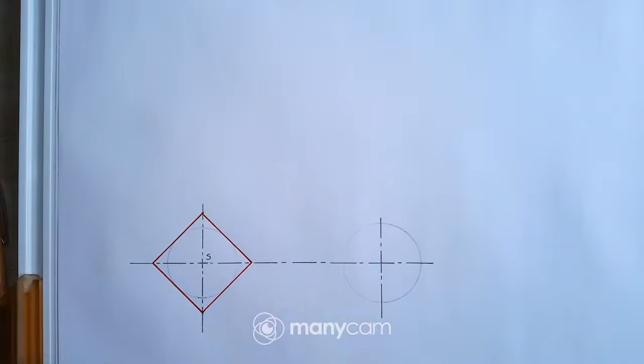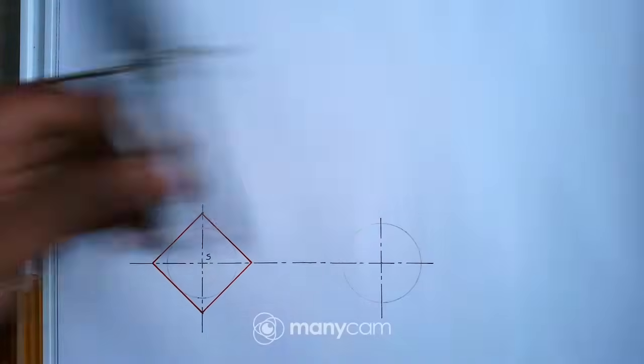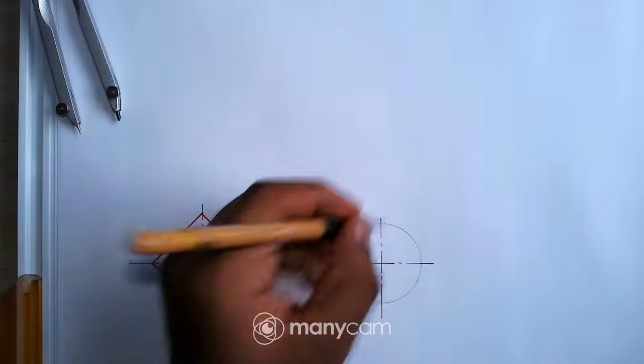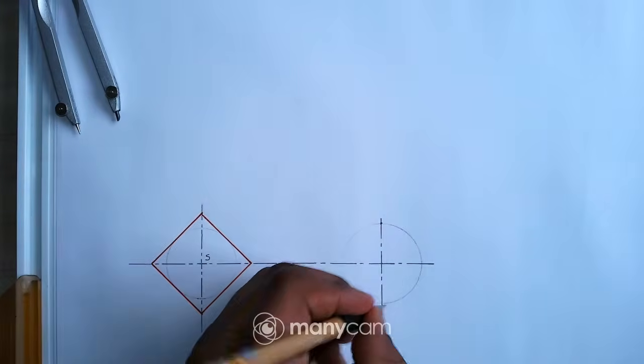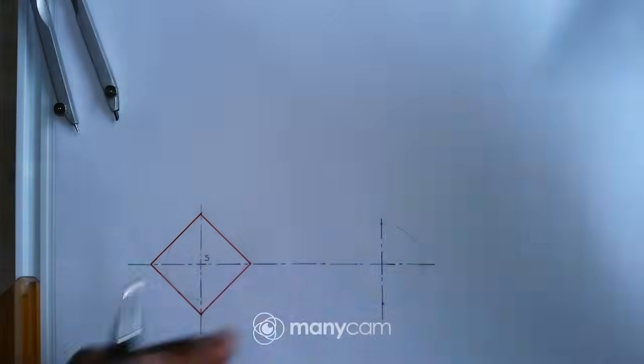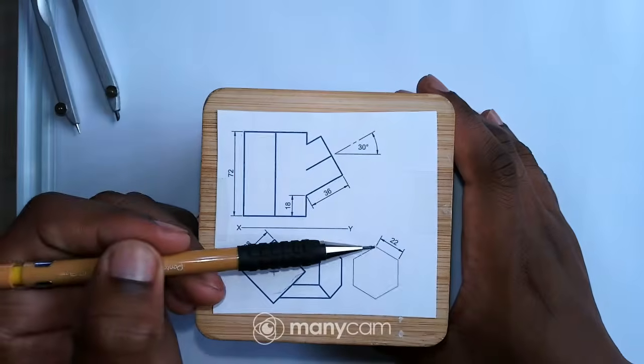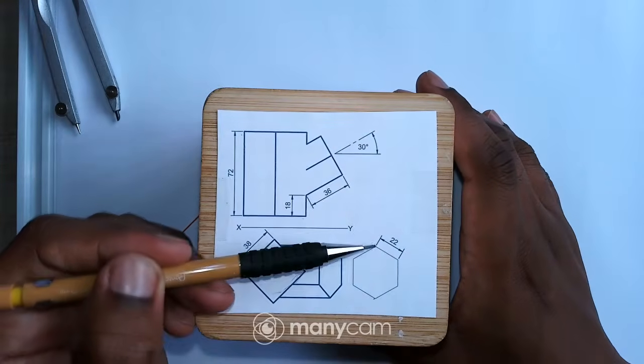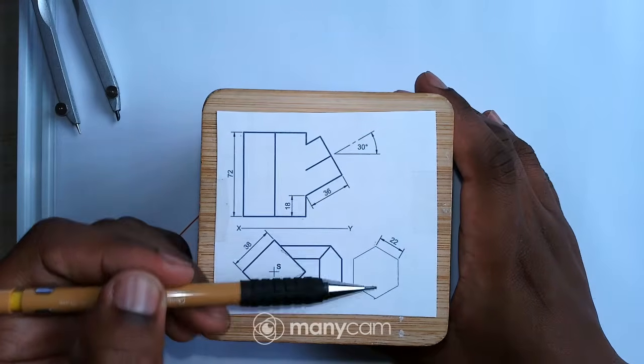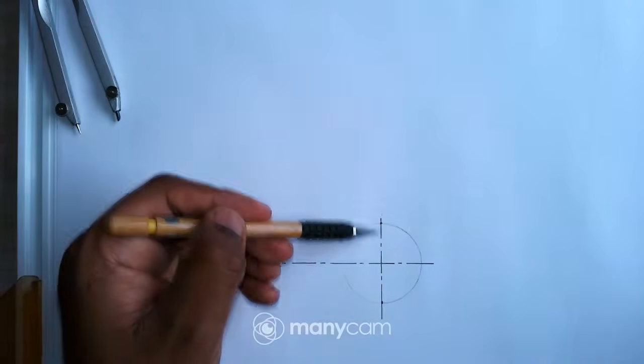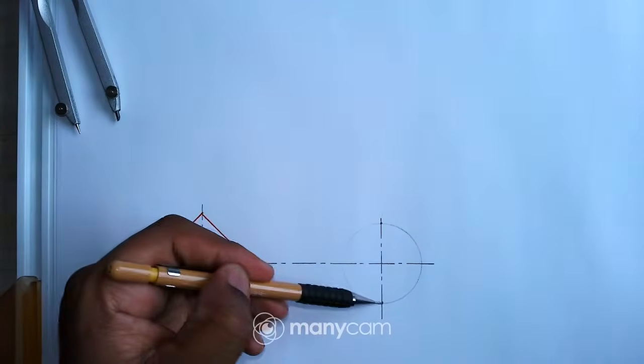So this is the circle. Now I'll put my compass on this point up there and here. Why? Because if you check, I have a point there and a point there. So obviously these 2 points, they are on the center line, right? So this is the center line. So I'll have a point there, a point there.